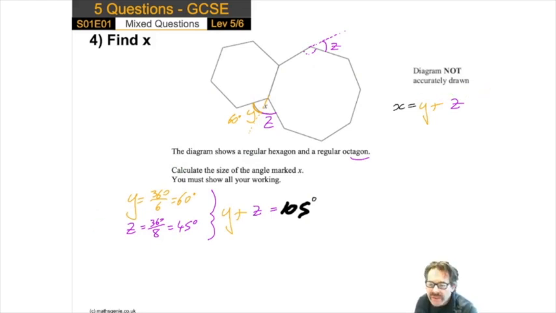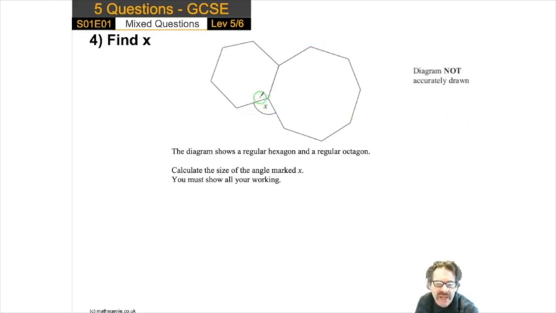So the other way we could do it is we could find the interior angles. So if we found this angle here, which we could call y, and we found this angle here, which we could call z, then all three of these angles, we've got angles around a point, so all three of these would add up to 360.